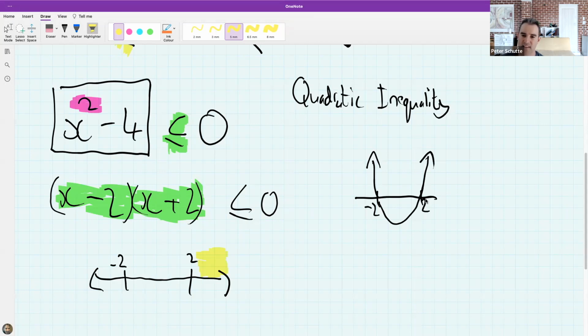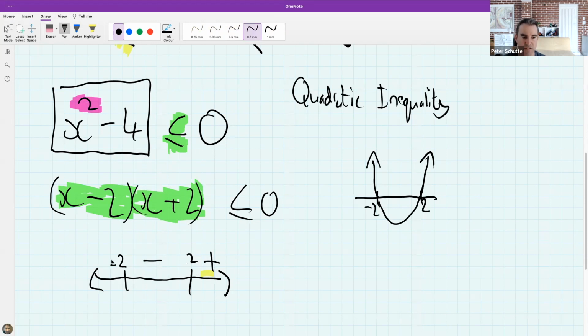You can see this on the inequality, or what you could do is put a number in. If I took the number 3, which would be in here somewhere, and I put it here, 3 squared is 9. 9 minus 4 is 5. That's positive. Now, as I go over a critical value, it's going to switch sign.